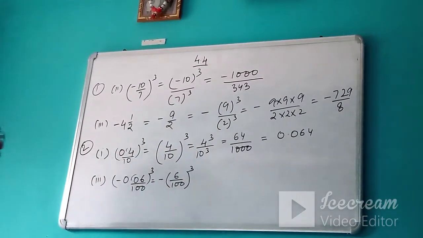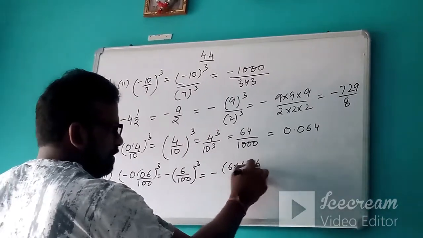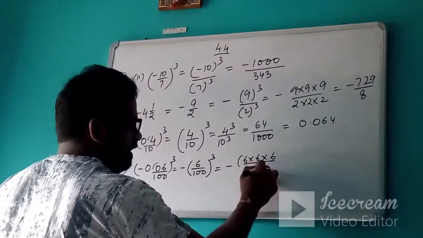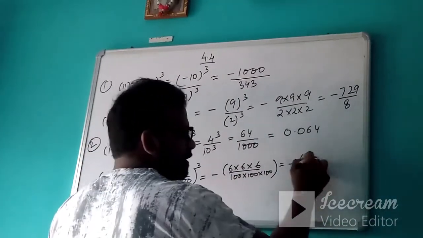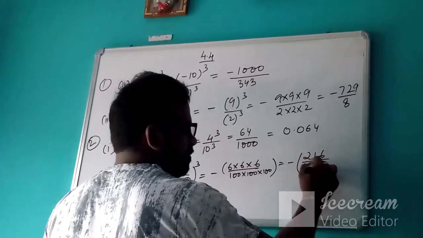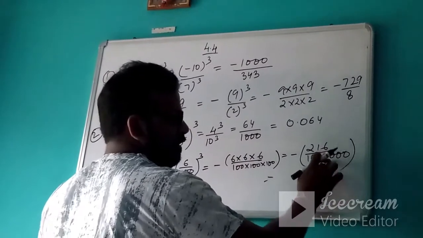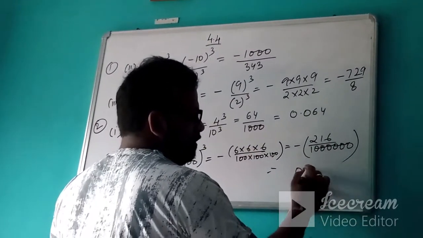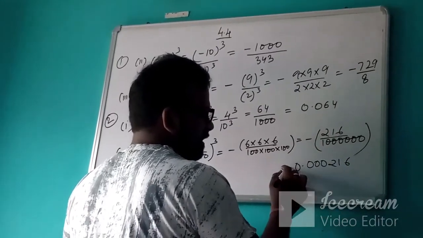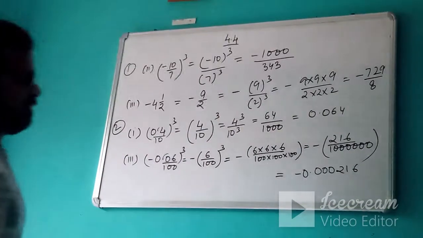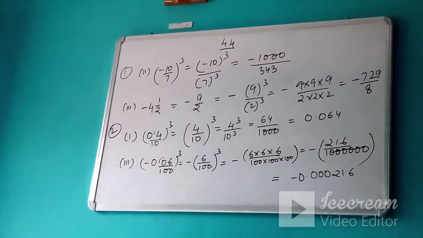Then minus 6 into 6 into 6 upon 100 into 100 into 100, so it will be 216 upon 1000000. Then you put the decimal, 6 zeros are there, 1, 2, 3, 4, 5, 6, and the negative sign. Like this you can calculate the cube of decimal numbers.